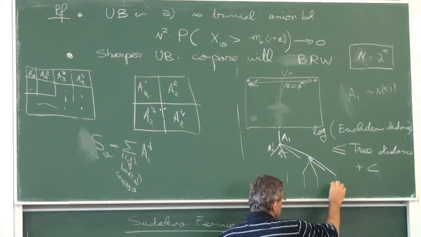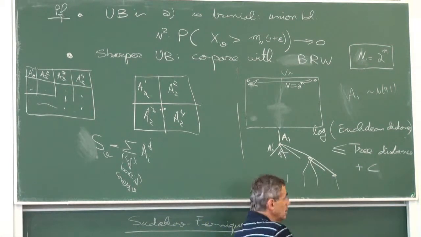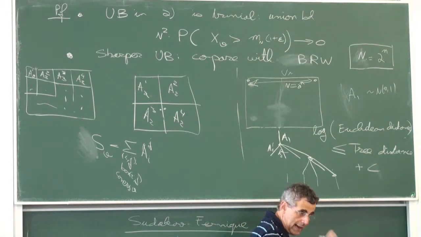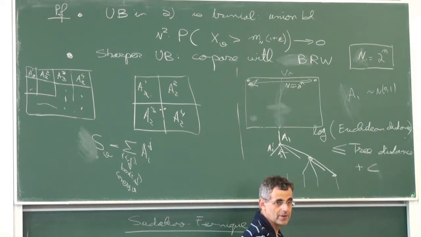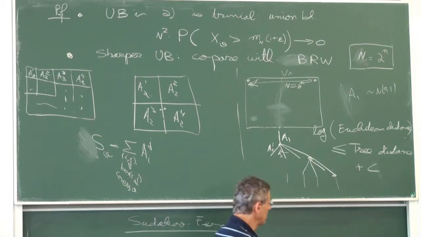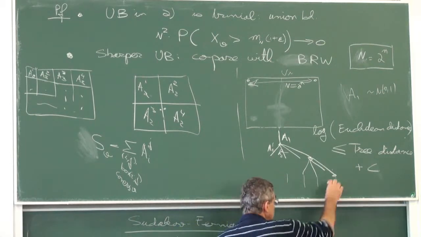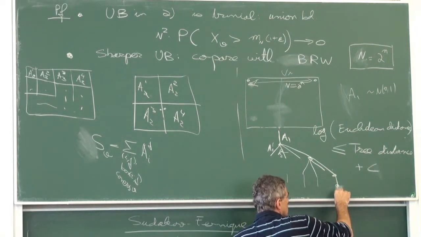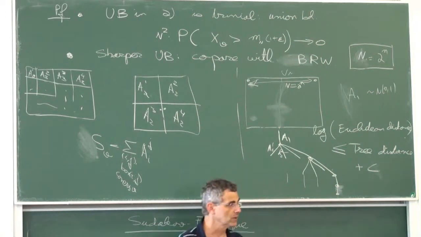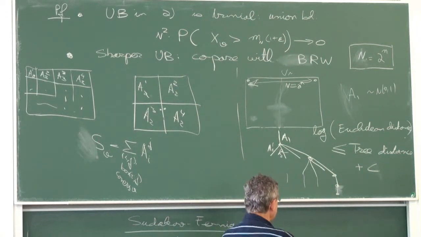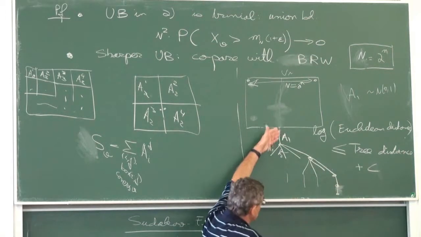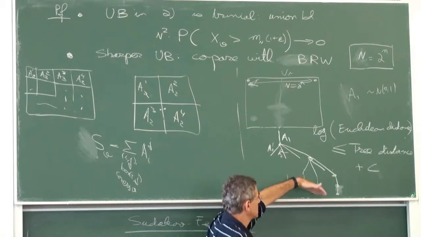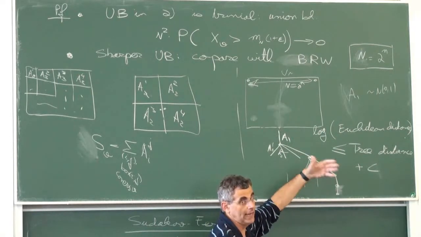But adding a constant is easy for the tree: it is very easy to make sure that the actual tree has a bigger distance, simply by adding several levels of independent Gaussian random variables. And so you will compare not with the tree that ends at level n, but with a subset of the tree that ends at level n plus 5.